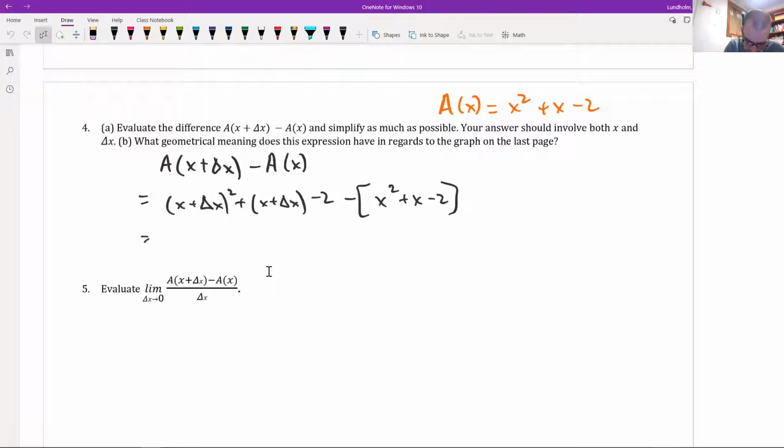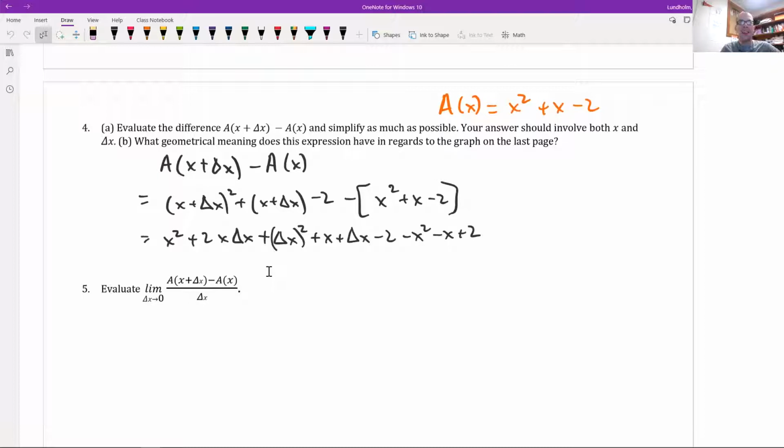And yeah, multiplying this out, X squared plus 2X delta X plus delta X squared plus X plus delta X minus 2 minus X squared minus X plus 2.